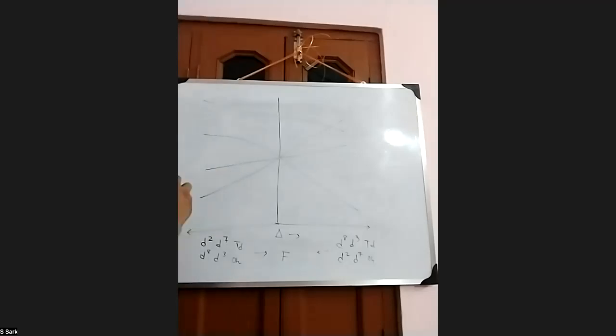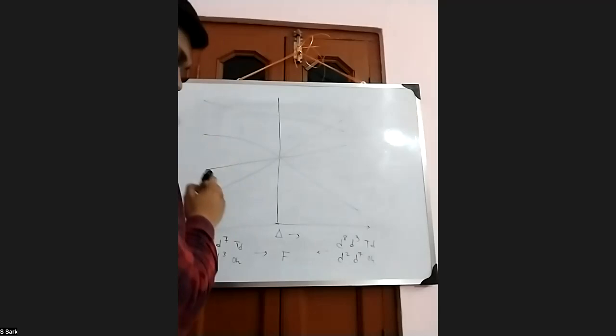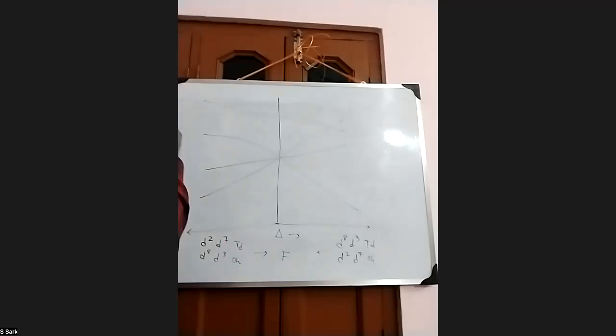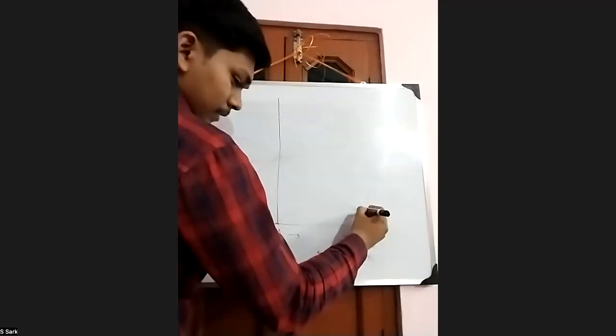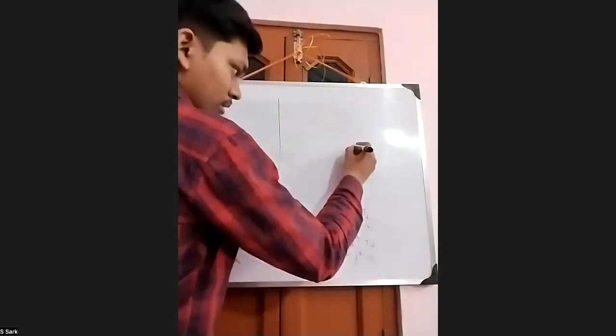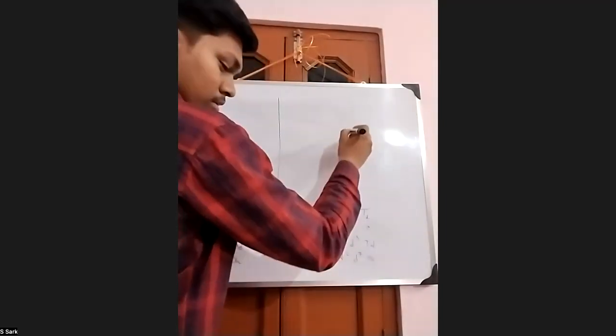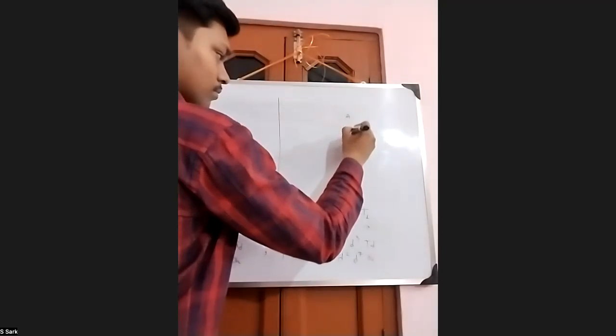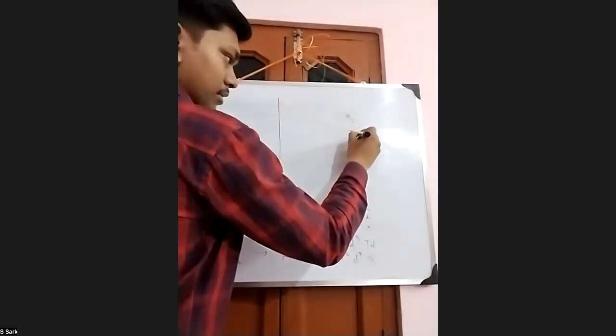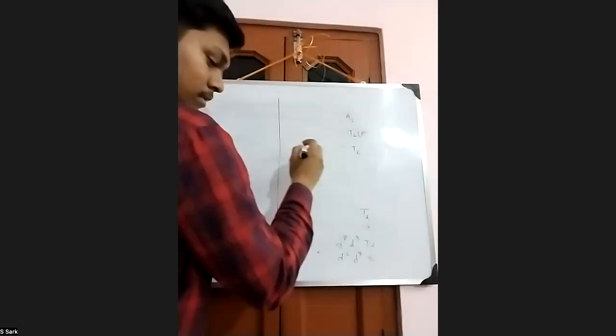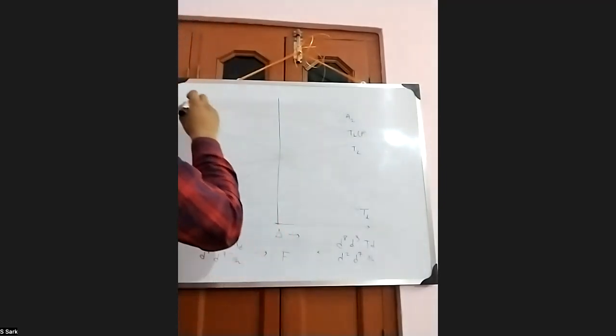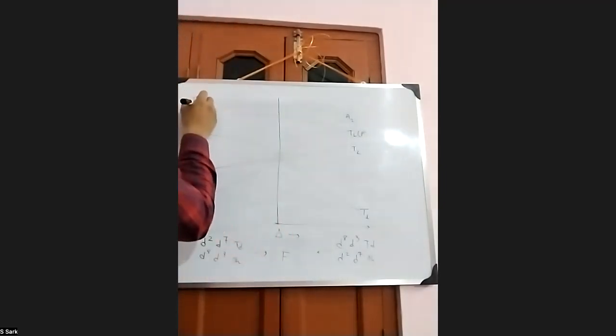And this is T1P. This is also T1P, and this is T1. This is T2. This is A2. So this is the final orbital diagram for the rest of the molecule shown in this case.